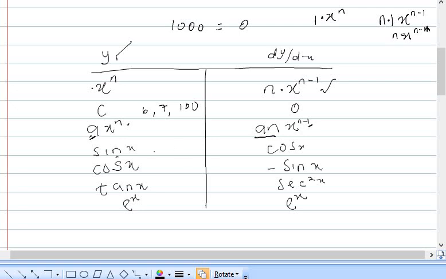And then the differential of sine is cosine, the differential of cos is minus sine, the differential of tan is sec square x, and the differential of exponential of x is exponential of x.